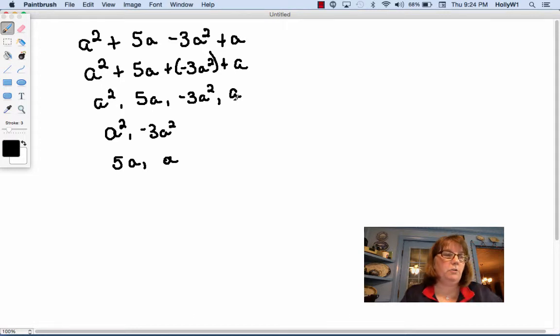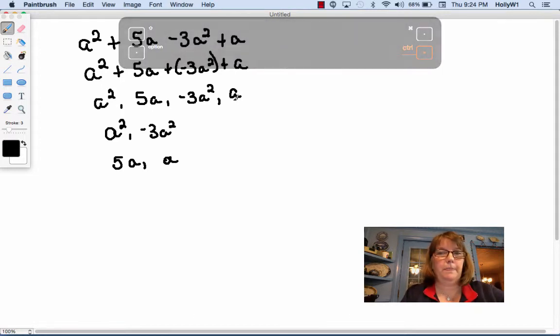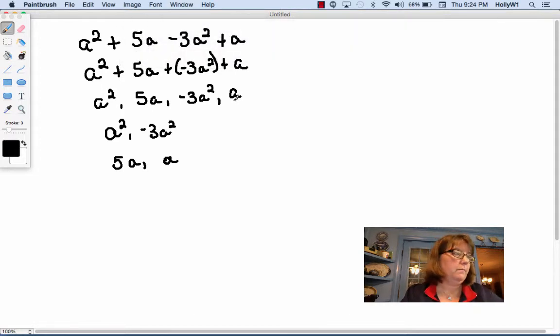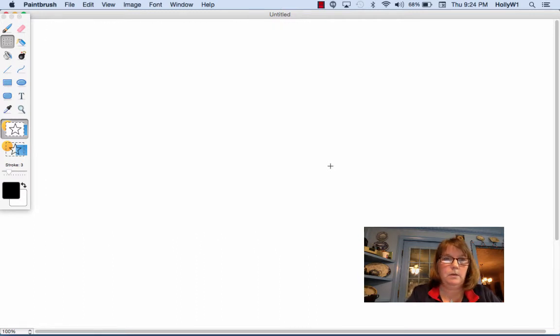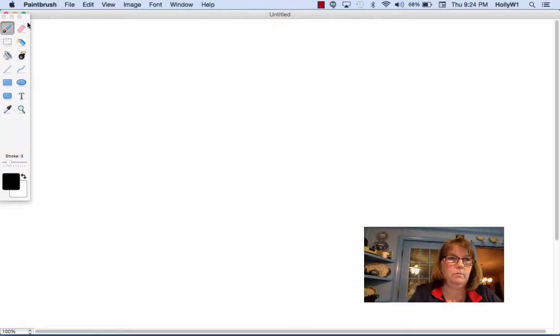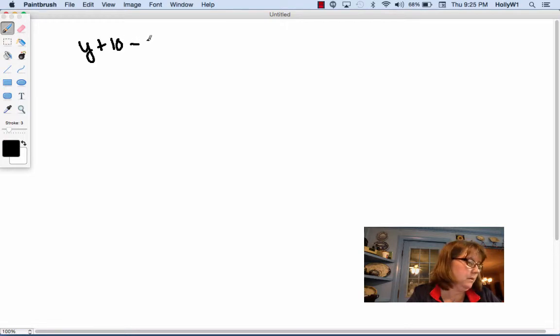Okay, let's try a couple of these on your own. Why don't you try on your own to find terms and like terms for y plus 10, subtract 3y.